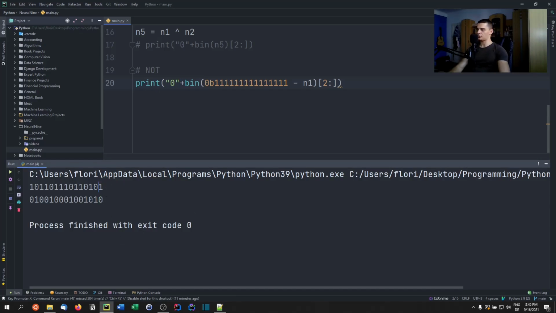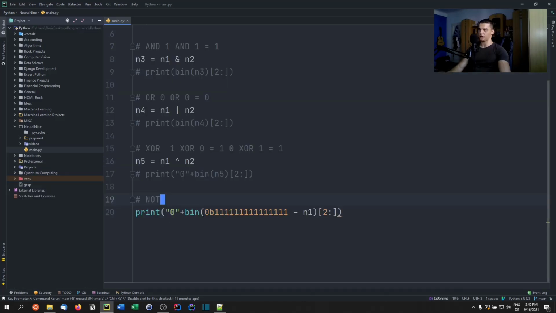We get 1 0 0 1 1 0 0 1 1 0 1 0 0 1 and so on. This is an actual negation. Now there are also other ways to do this, but the ordinary wave operator, which is the negation operator in Python, the bitwise NOT, even though it's not really a bitwise NOT, doesn't work like that because it works on signed integers. It goes into the positive and into the negative.